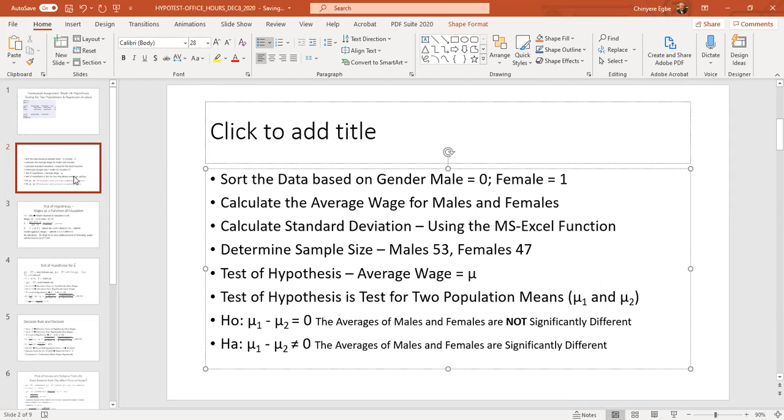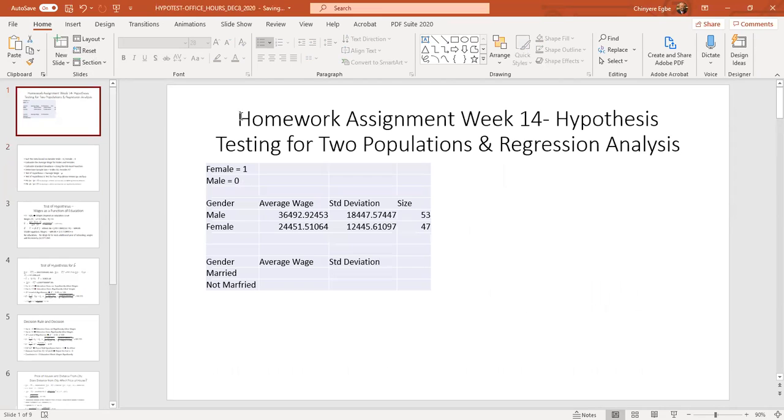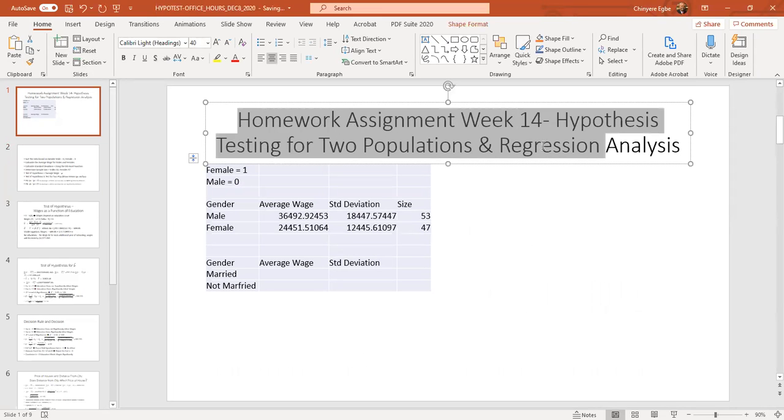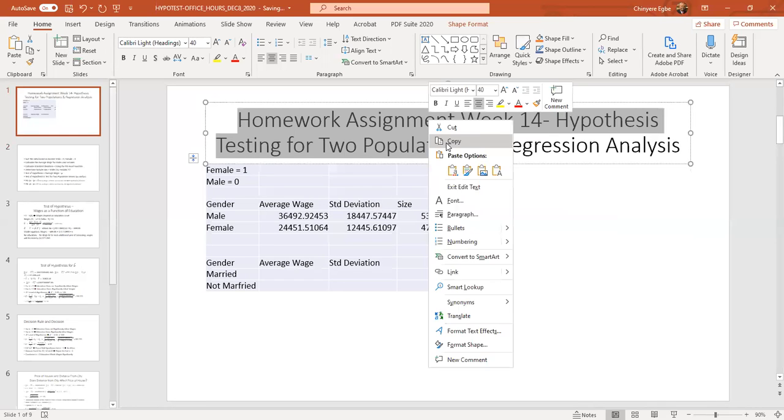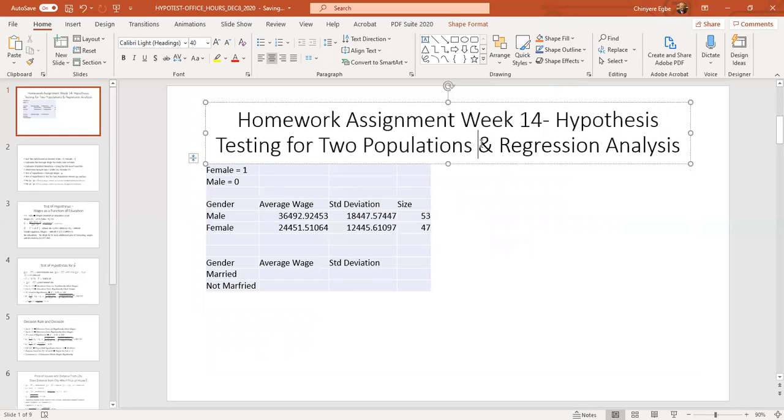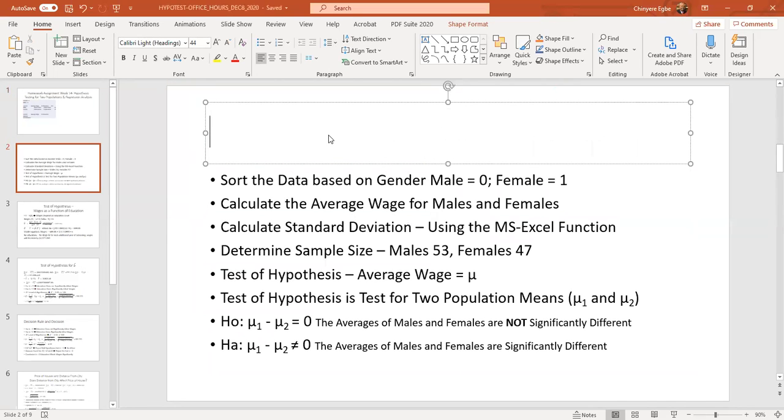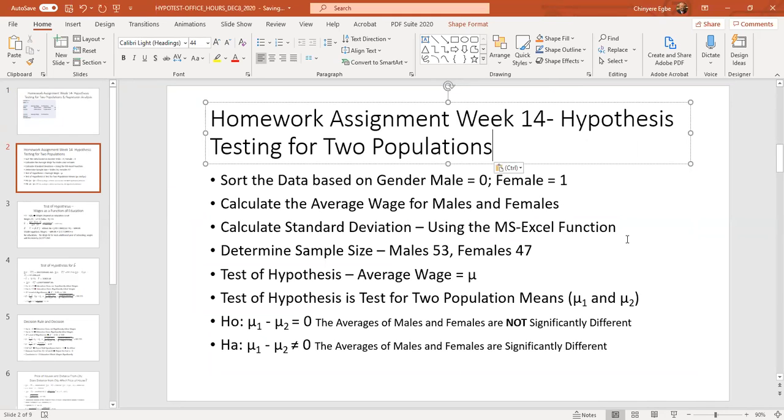Essentially, this is the process for the first part of the assignment, and this is what you're supposed to do, and this is what I expect to see.